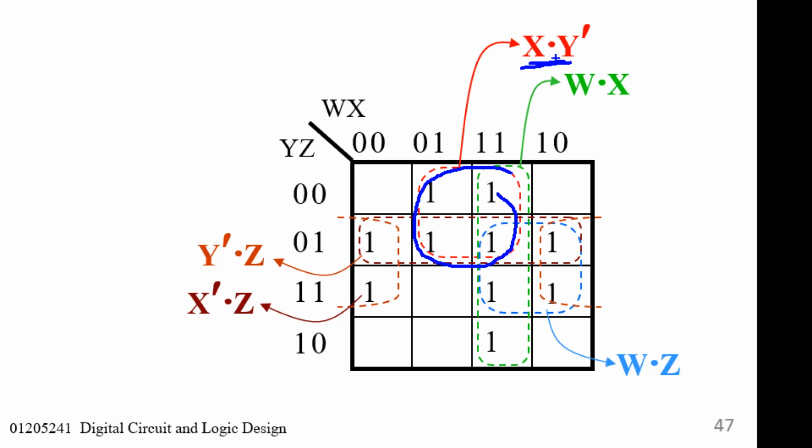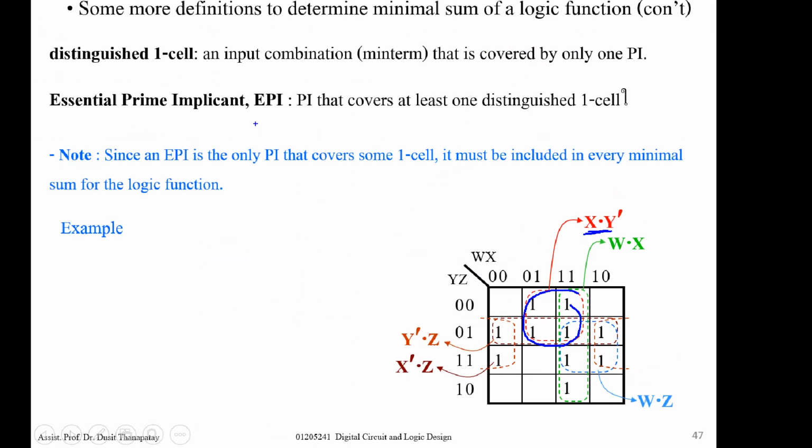So you must use this prime implicant, or this product term, to make the function. Then this term is called an essential prime implicant. You must use it to complete the function. If not, you will not get the function as you want. And this cell is called a distinguished one cell, that means the cell that is covered by only this essential prime implicant.